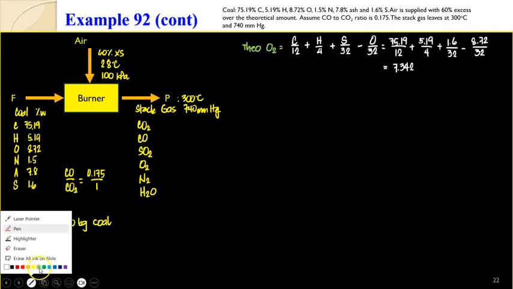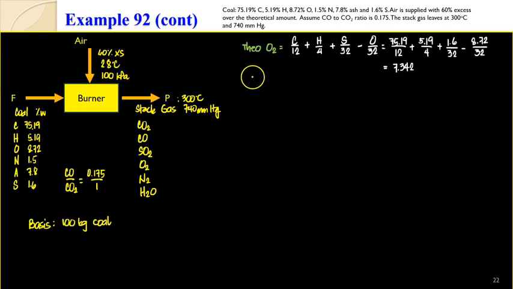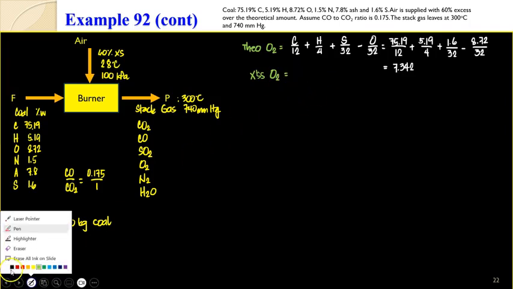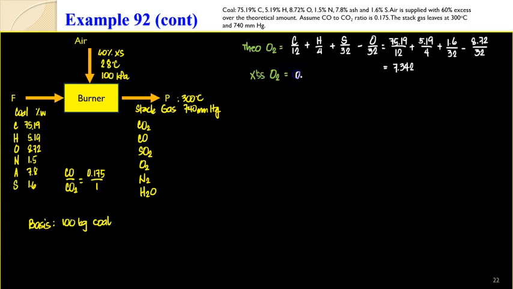Now, it says there that excess oxygen is 60%. So that means excess oxygen is 60% of the theoretical. So that's 0.60 times 7.342, which is actually 4.405. By the way, this is in kilomoles already because our basis is kilograms.